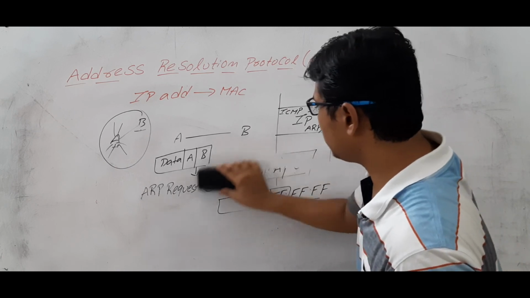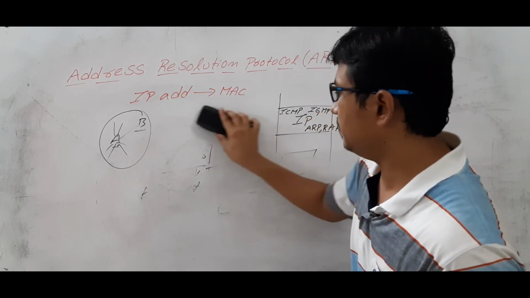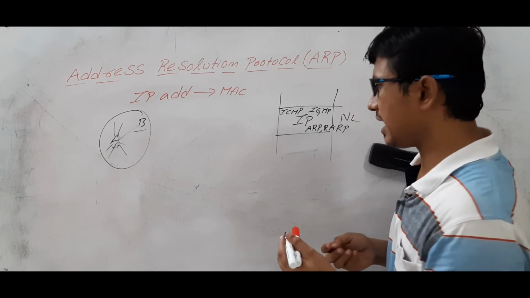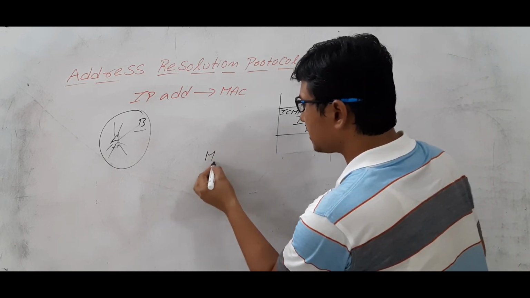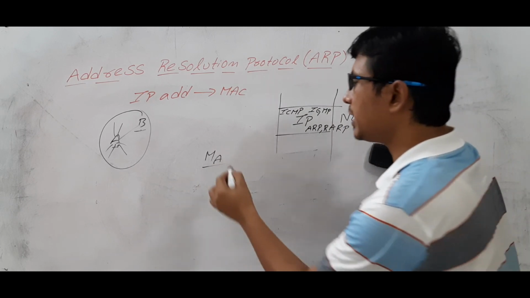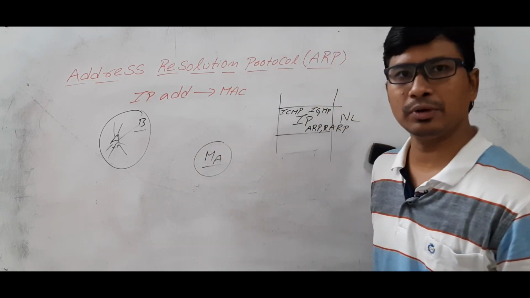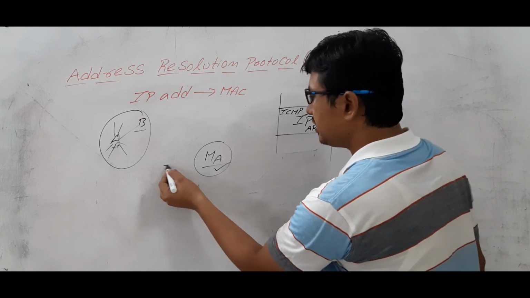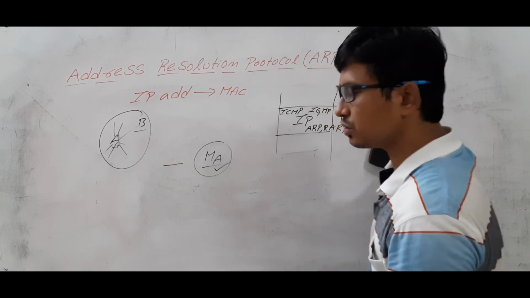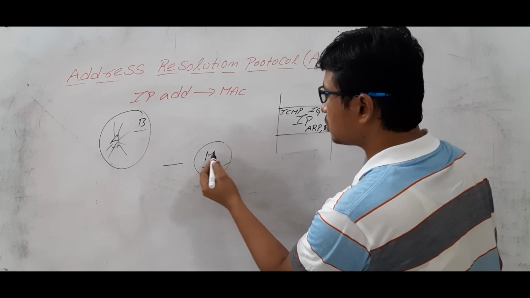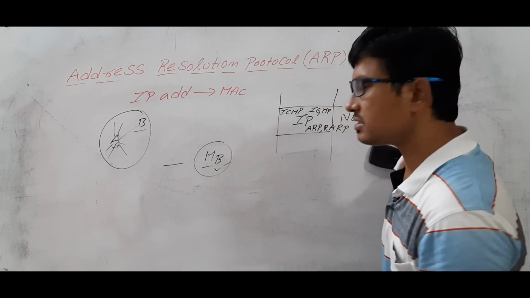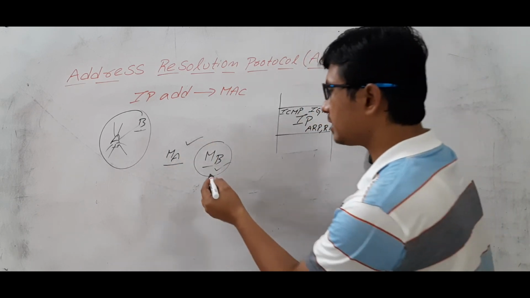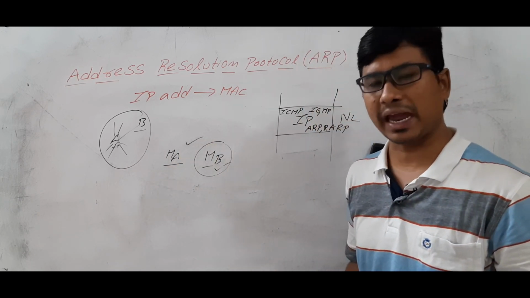What information will B send? B will send the source MAC address as his own address: this is my MAC address. Are you able to understand? B will fill in its own MAC address as the source and A as the destination, saying this is my MAC address, you can use it to transfer the packet to me.